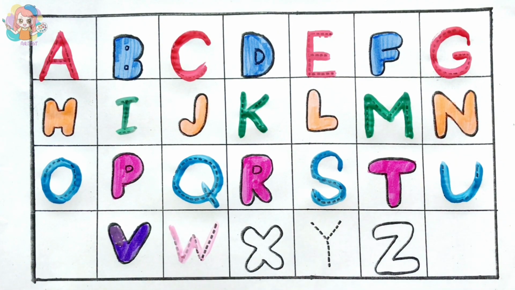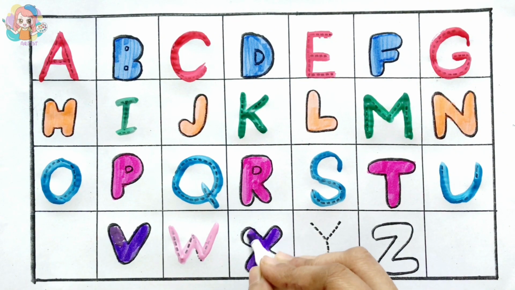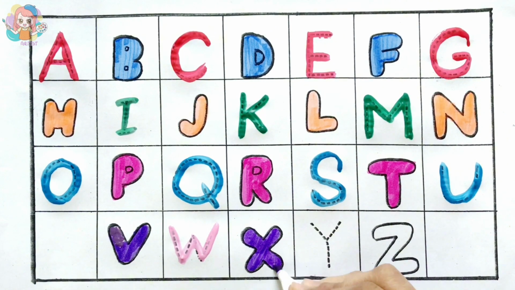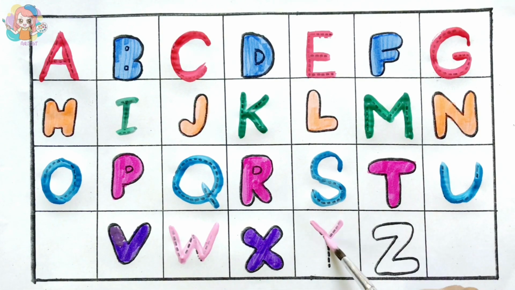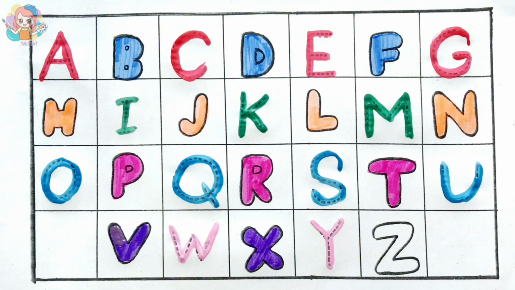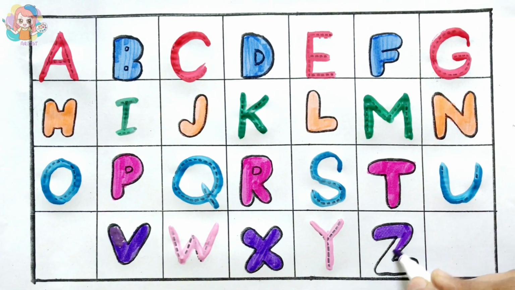W is for water. X is for xylophone. Y is for yolk. Z is for zero.